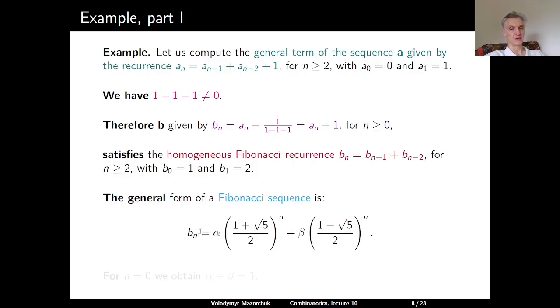So b_n = alpha times ((1 + square root of 5) / 2)^n plus beta times ((1 - square root of 5) / 2)^n. And now for n = 0, our initial conditions give that alpha + beta = 1.